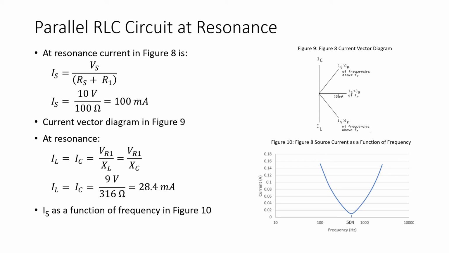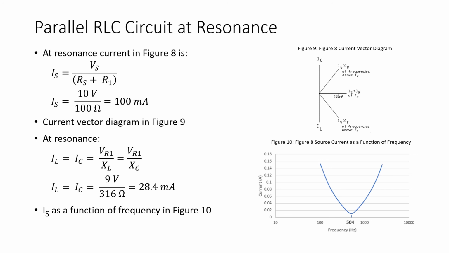Again, at resonance, IL equals IC, which equals VR1 over X sub L and VR1 over X sub C. For the circuit of figure 8, the voltage across the resistor R1 was 9 volts. 9 volts divided by 316 ohms gives us 28.4 milliamps. Referring to the plot in figure 10, which shows source current as a function of frequency, that current is minimum at the resonant frequency.